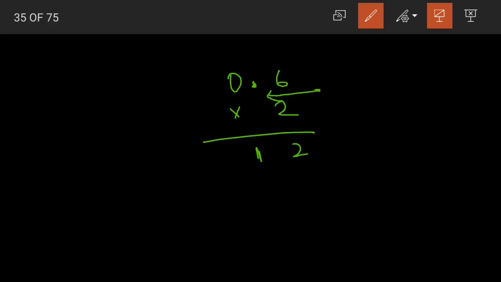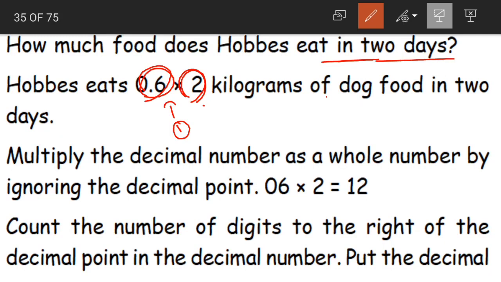Always remember to count the number of digits from the right side for the point. So as we are having a point after one digit from the right, even in the answer, we have to place a point after one digit from the right. Understood, children? 0.6 into 2 is equal to 1.2.